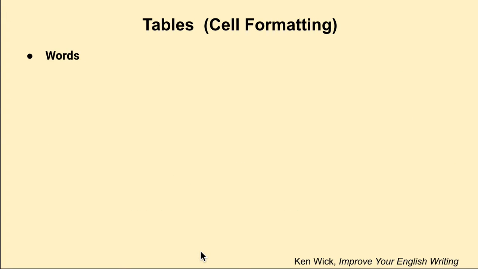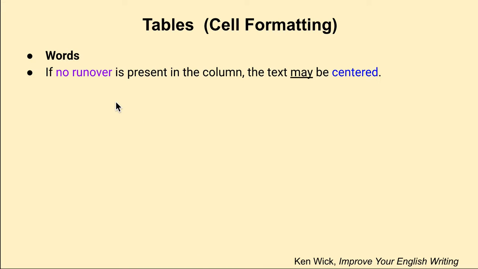Continuing cell formatting with words. If there's no run over present in the entire column, so all the text in the column is on a single line, there's no run over, so it's all one line. The text may be centered.